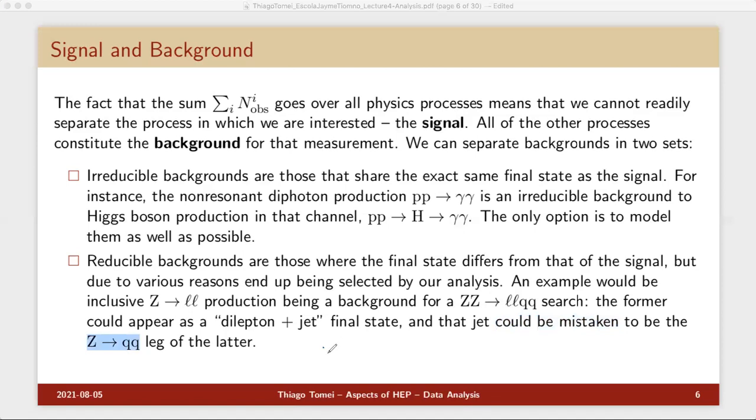Or on the other hand, if you're looking for Z to 2 leptons and want to fight against WZ to lepton lepton plus neutrinos, you can ask for there being no missing ET, which has a chance of discarding events that have neutrinos. So the key thing is that you want to separate by it being the exact same final state or not.